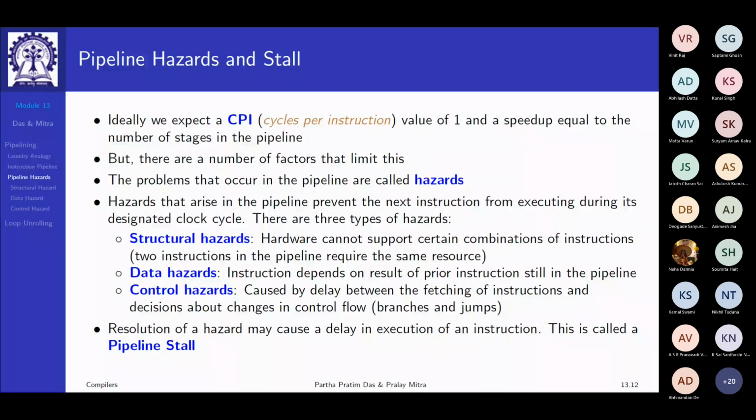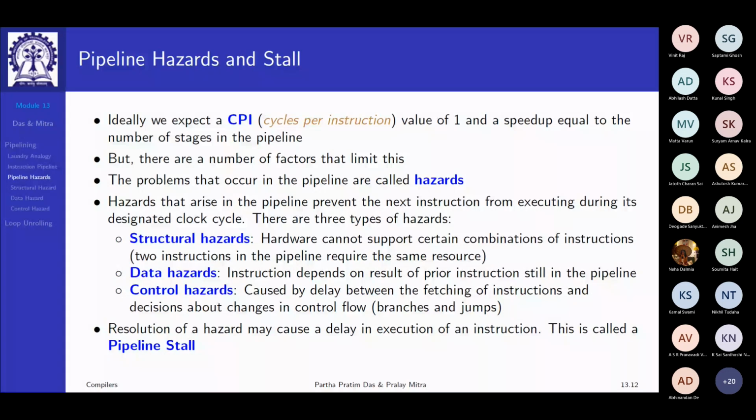Then we have data hazard, which is primarily in terms of the dependencies or anti-dependencies that you may have in the program, that is more decided by the program. And then you have control hazard, which is caused by the delay of fetching instructions because of the control flow, branches and jumps, and is primarily due to the program. So these are the three types of hazards.